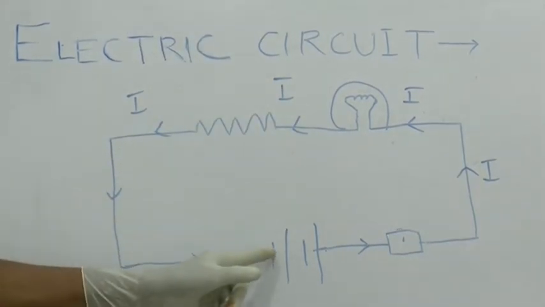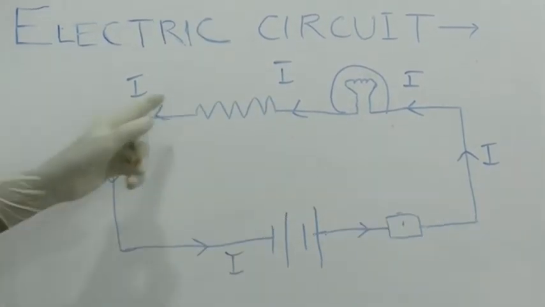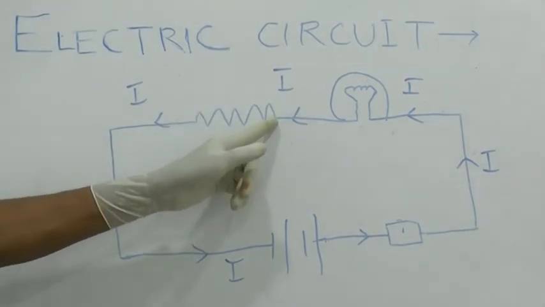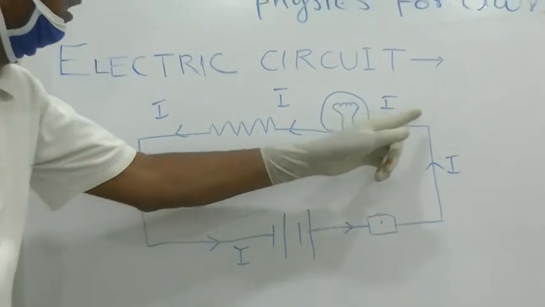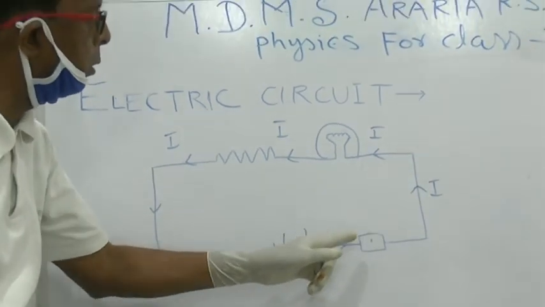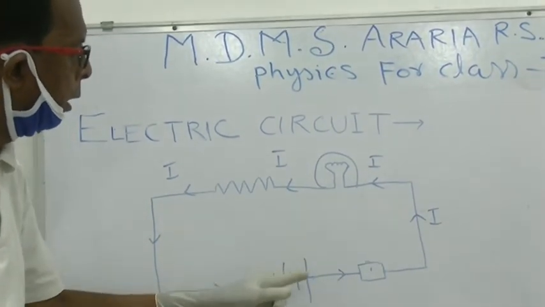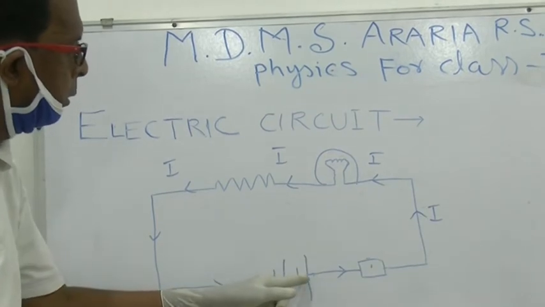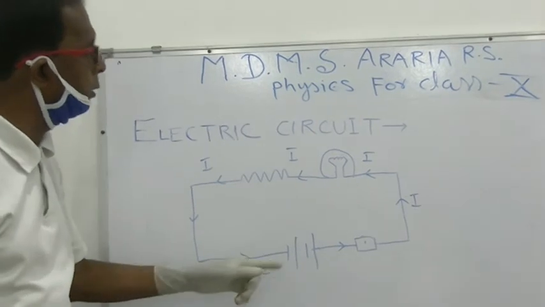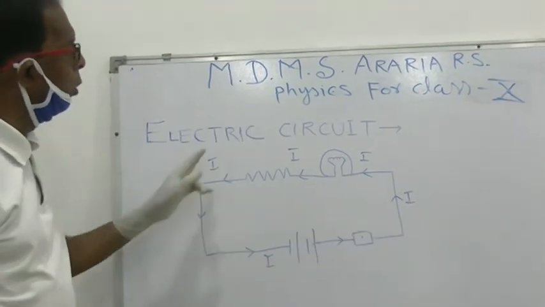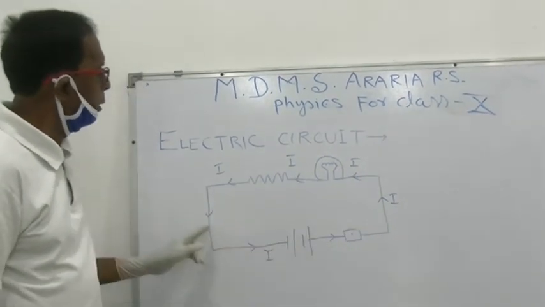See, the wire is connected here, it comes here, it is connected with this resistance, this end is connected with this bulb, and again this wire is connected with a key, and then the last end is connected with this cell's positive terminal, and this terminal is negative. There is no breakage in the circuit.